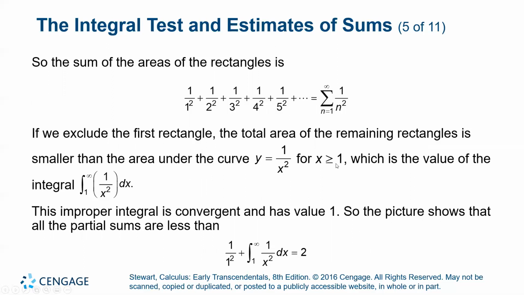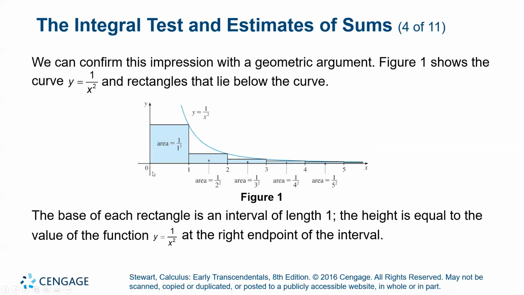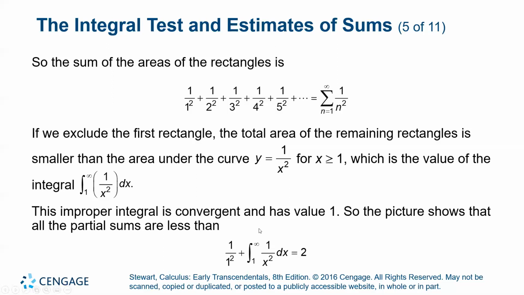Well, what is the value of that integral, or that area, from 1 to infinity of 1 over x squared? We've actually looked at this one before in 7.8, and this integral is convergent and has a value of 1. So if you knew that the area from 1 to infinity of this function is 1, and the area of that first rectangle is 1 itself, then 2 would be an upper bound.